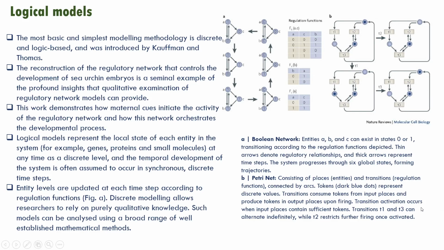And this transition activation occurs when input places contain sufficient tokens. Transitions T1 and T3 here can alternate indefinitely, because both are very stable states, and the regulation is such that it can alternate indefinitely. But whenever T2 is activated here, it restricts further firing.